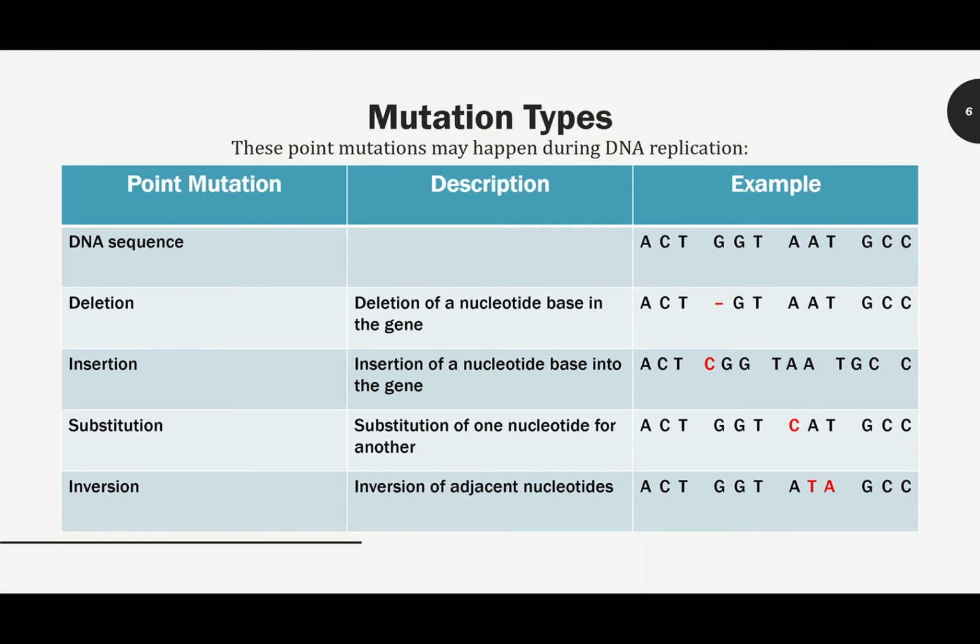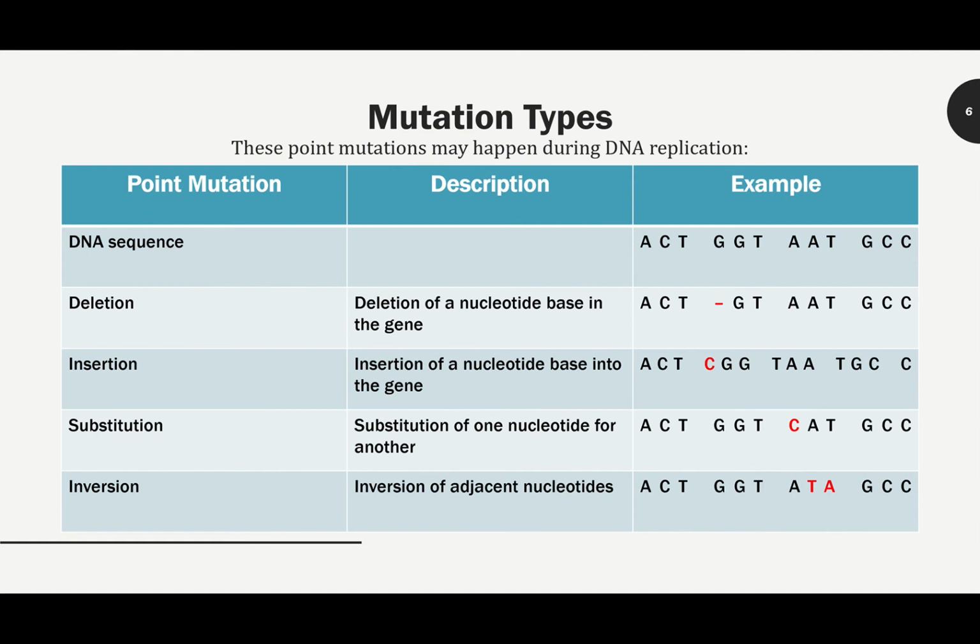And there is substitution, which is relatively not very harmful, because substitution just takes out a letter and substitutes another letter back in. There is no insertion, there is no deletion, and sometimes there is no change at all, because it can cause a silent mutation, which is not observable.